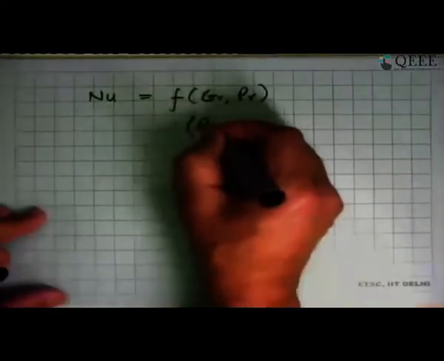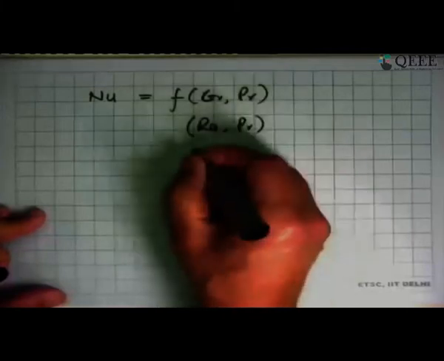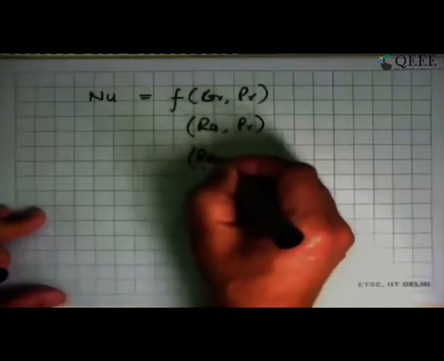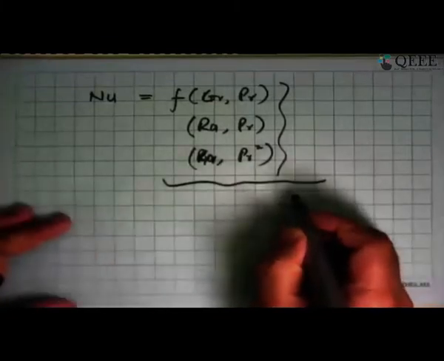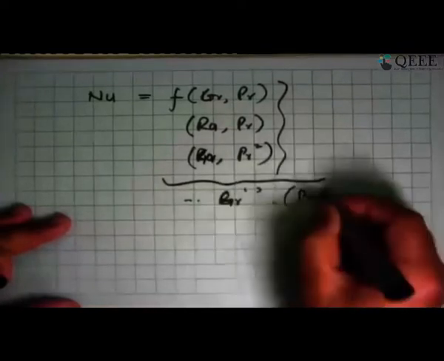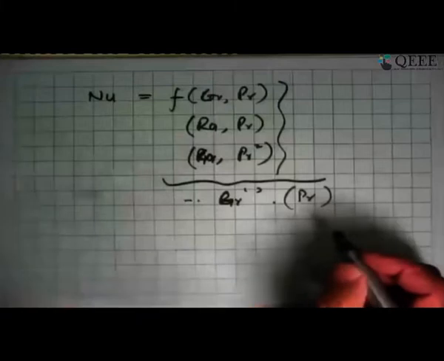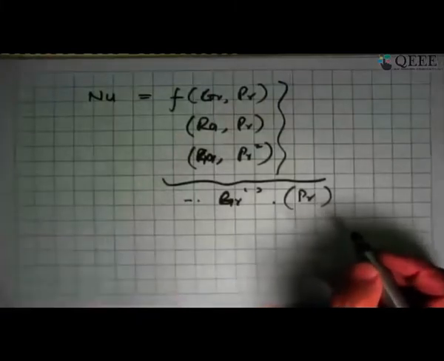In some cases maybe the Rayleigh number into Prandtl number, and maybe the Rayleigh number or Grashof number into Prandtl number squared. Essentially, all these correlations have a Reynolds number, a Grashof number to some power, into Prandtl number functions, which could be much more complicated than what we had in forced convection.